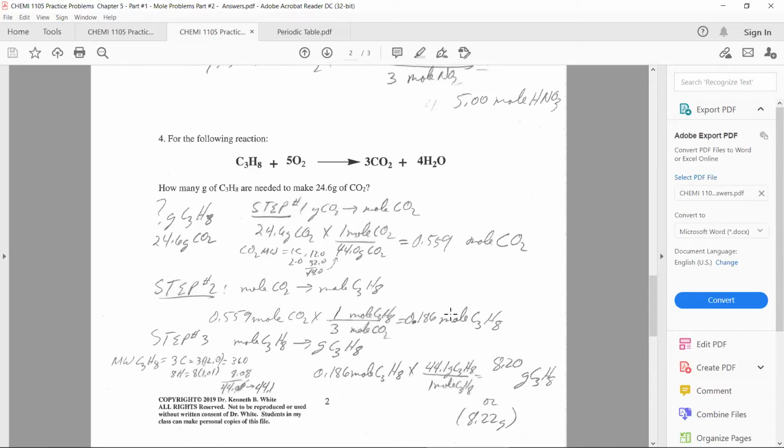And we want to get the moles of C3H8 propane. This goes on top. This goes underneath. So where do we get the ratio of moles of propane, C3H8, to moles of carbon dioxide, CO2? From the balanced chemical equation. When there's no number, it's 1.